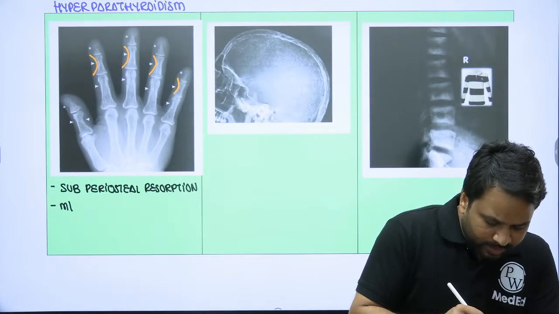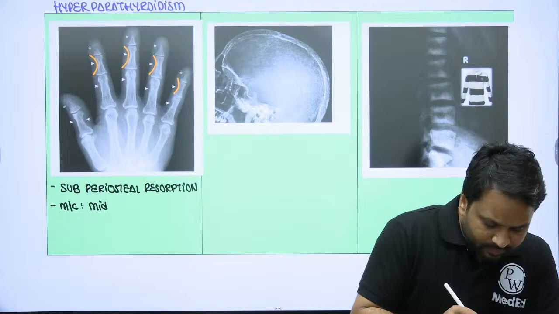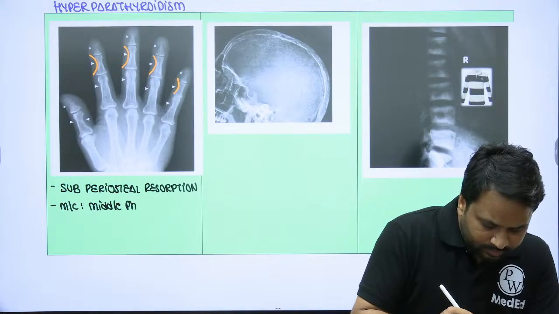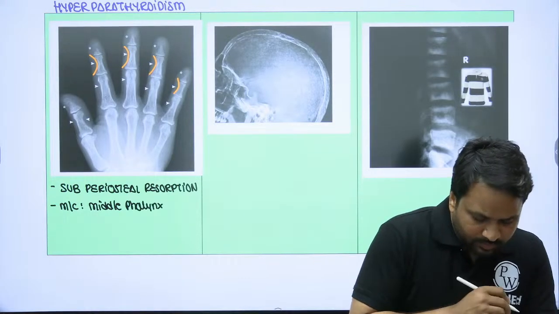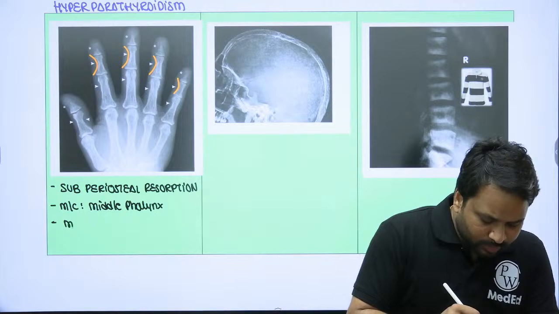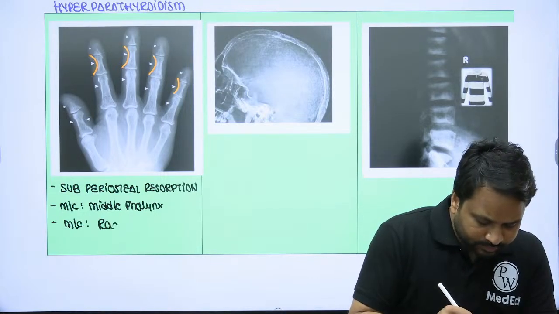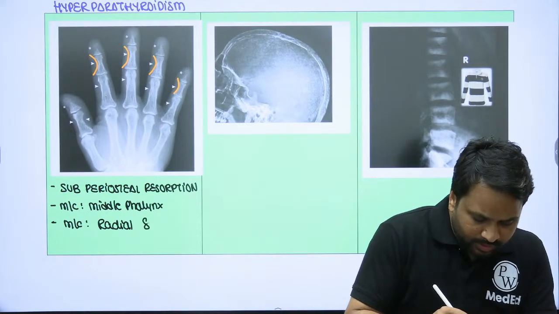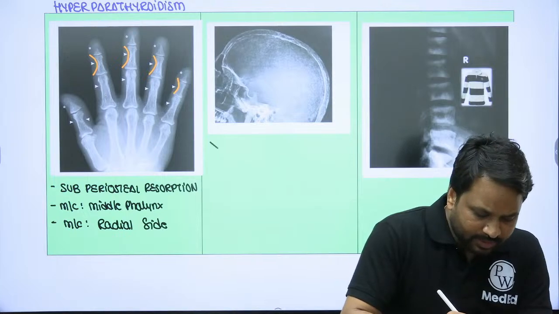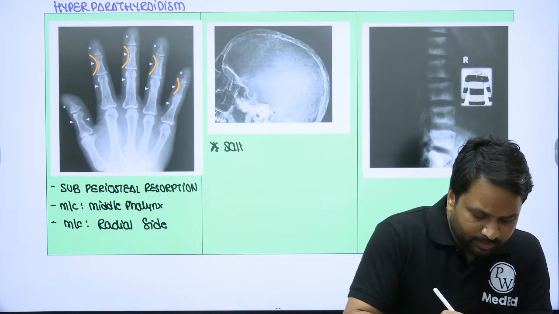It is most commonly seen in the middle phalanx and most commonly on the radial side.